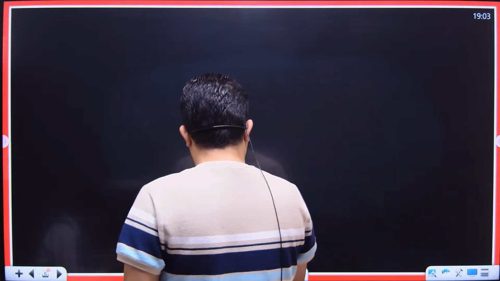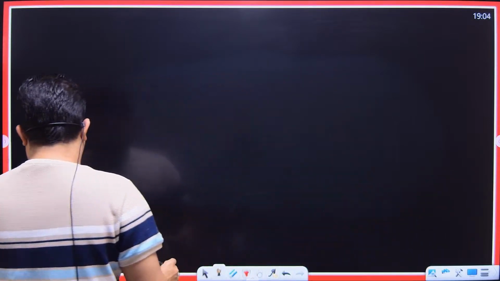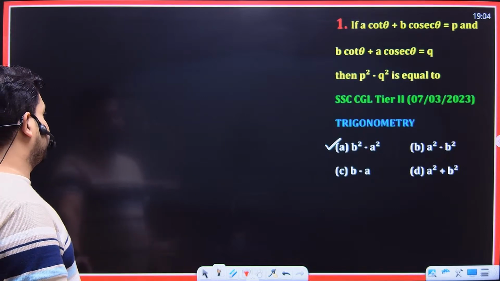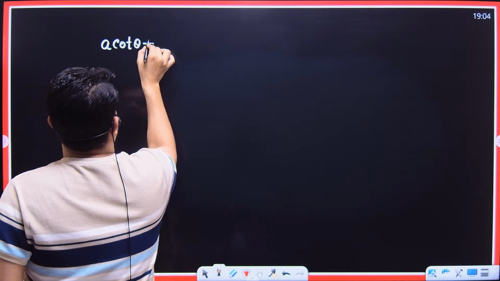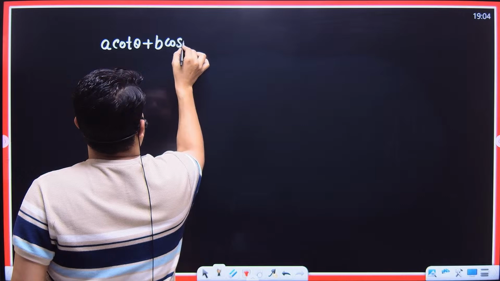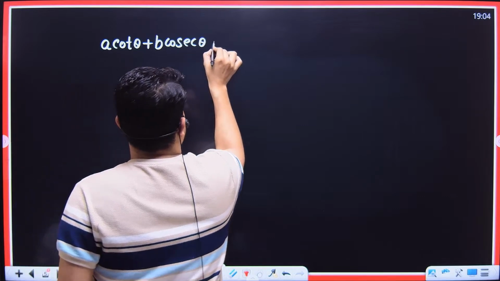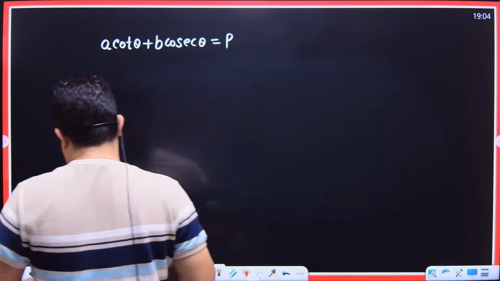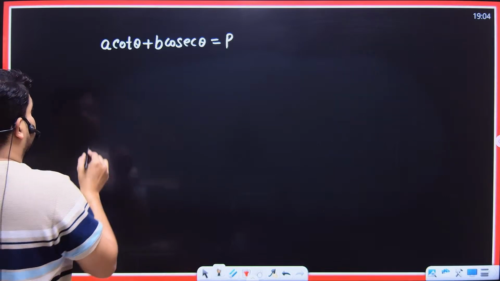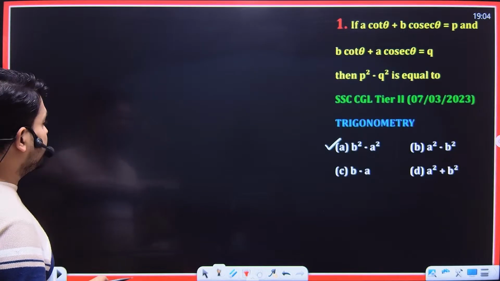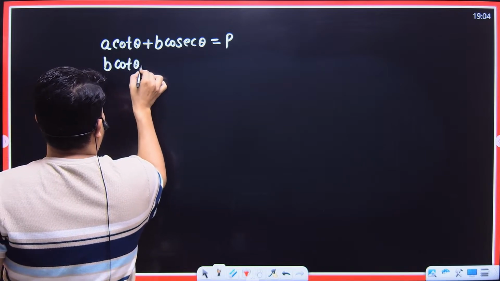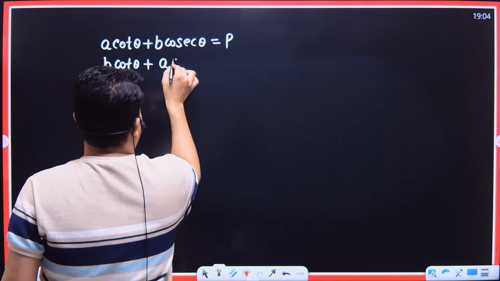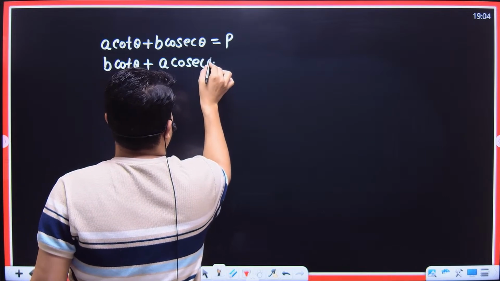What is given? We are given A cot theta plus B cosec theta is equal to P. And we are given B cot theta plus A cosec theta is equal to Q. This one I am writing for you, otherwise you have to remember it.